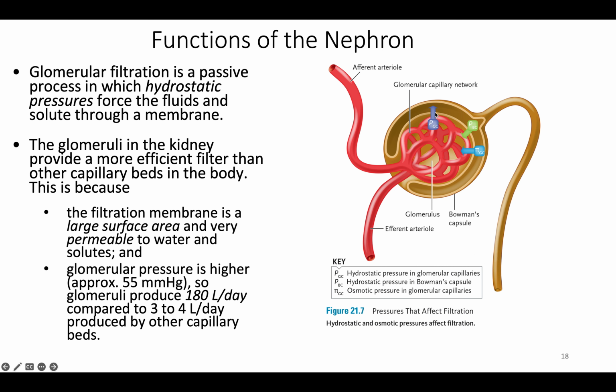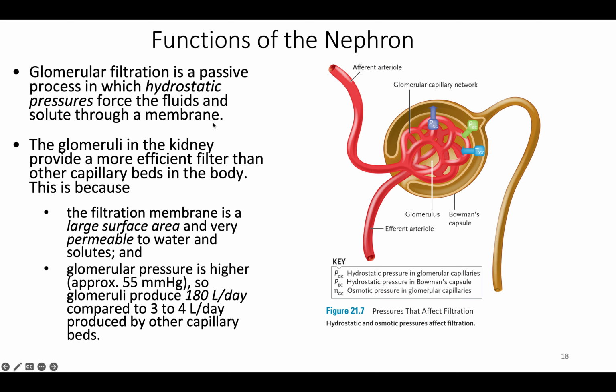So we have out as well as in and in. And the sum of all of this is going to determine what our net filtration rate is. So all these different hydrostatic forces are basically forcing fluids and solutes across the membrane one direction or the other. And this allows us to basically filter out what we don't want and pick back up what we do because of these different inverse pressure systems.